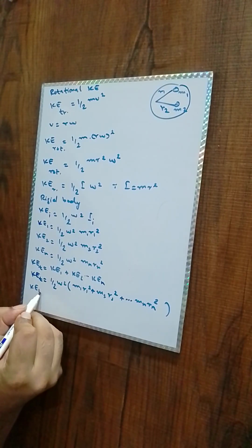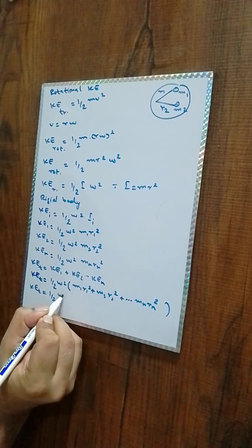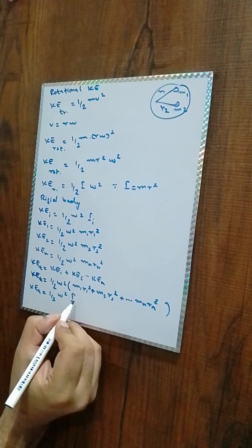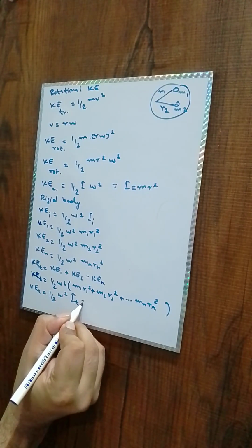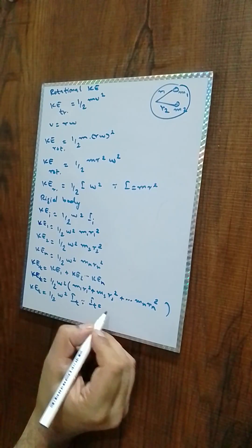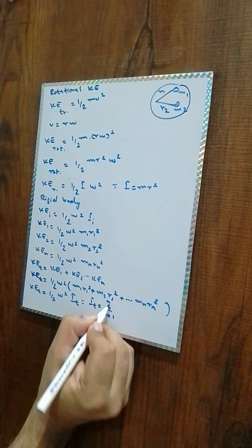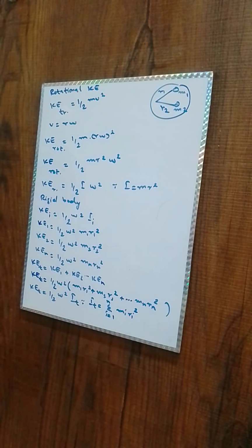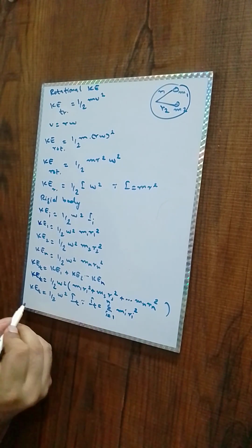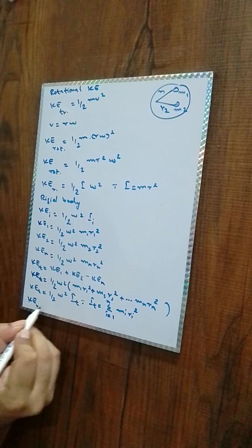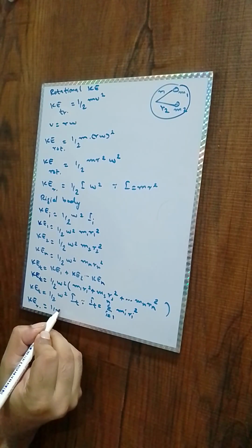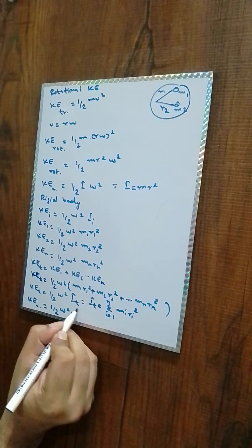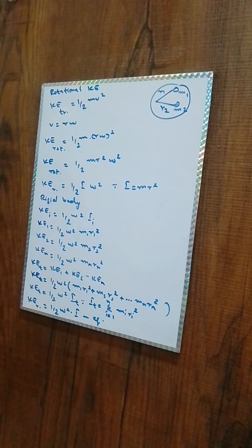That gives us the total moment of inertia: 1 by 2 omega square I total, as I total is equal to the summation, i from 1 up to n, of mi ri square. Within the brackets it's summed. So basically kinetic energy rotational is equal to 1 by 2 omega square dot I. This is an equation of interest for us.